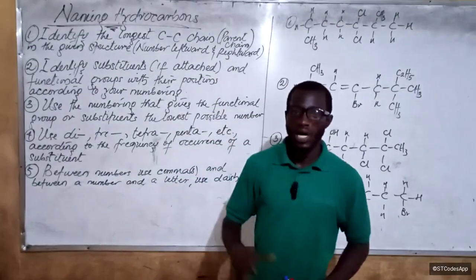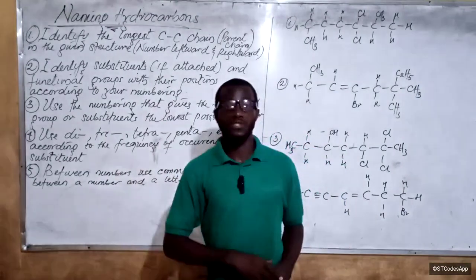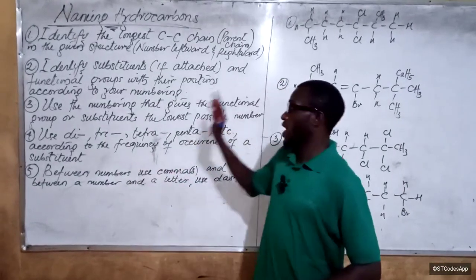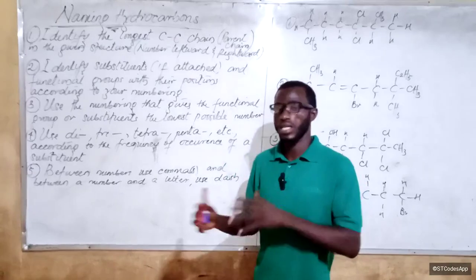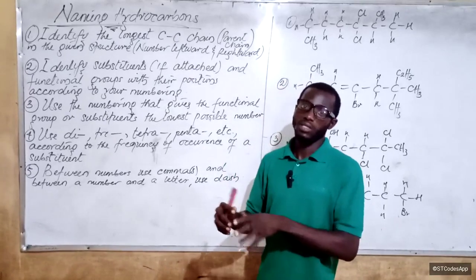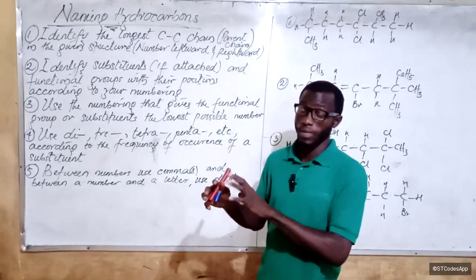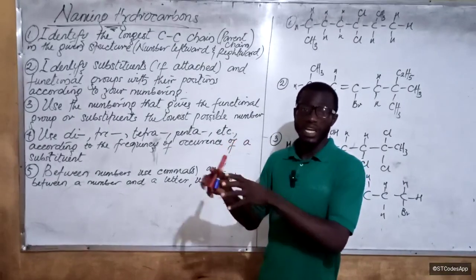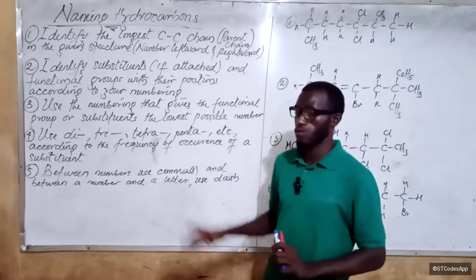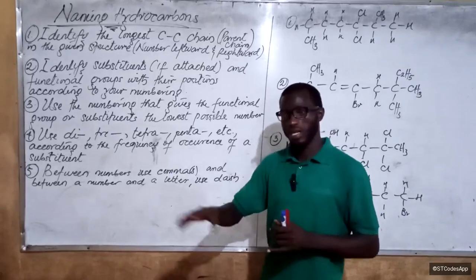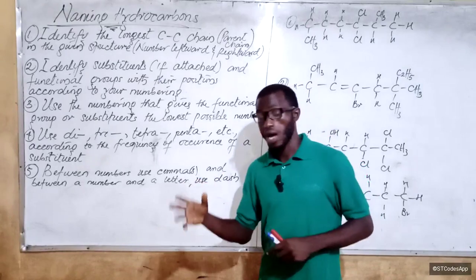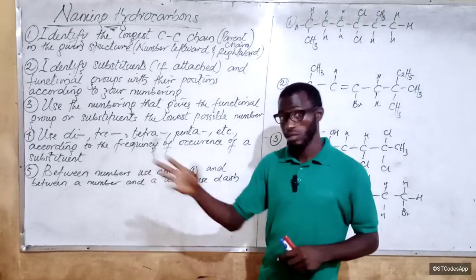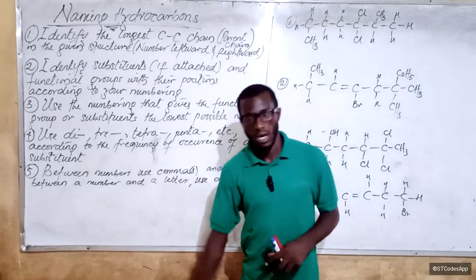In this video, I'll quickly teach you how to name hydrocarbons. Now you see, I've written a set of rules here that will cover alkanes, alkenes, alkynes, aldehydes and ketones. But these rules will not work for carboxylic acid families, esters, alkanoates, and proteins.